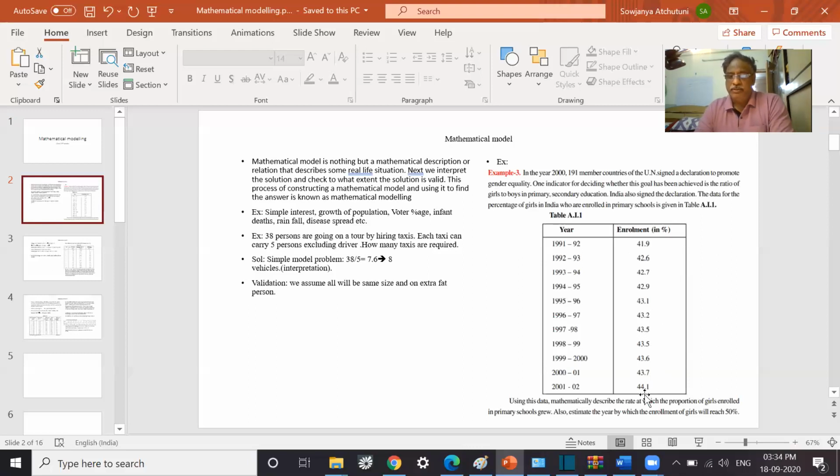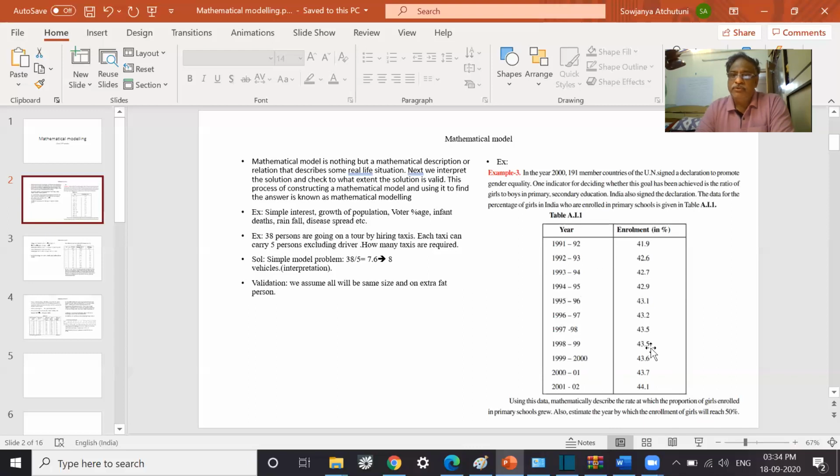From 2001, around 55.9% boys and 44.1% girls. So this is slightly increasing, from 42 to 44 over a period of 10 years. The point is, when will this be 50%? I want to know by which year the girls will reach 50%.